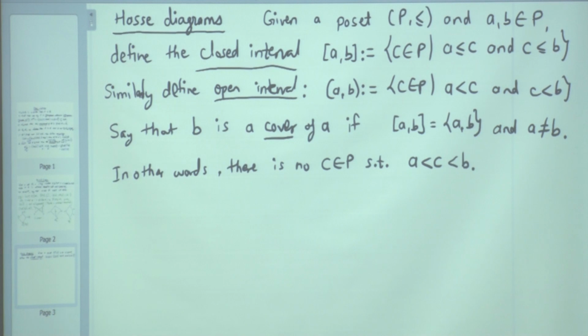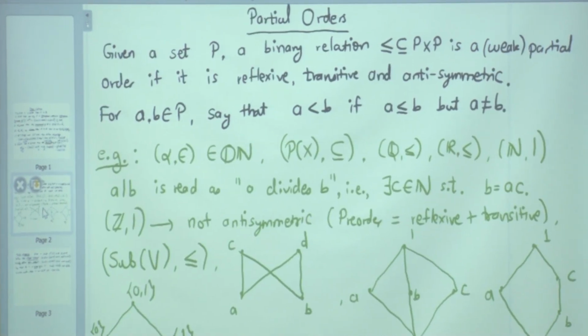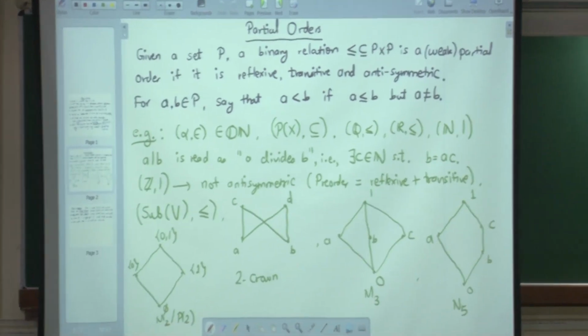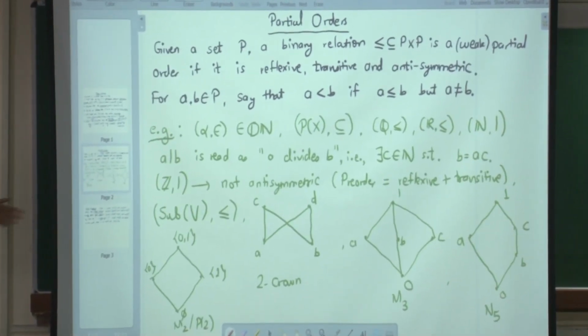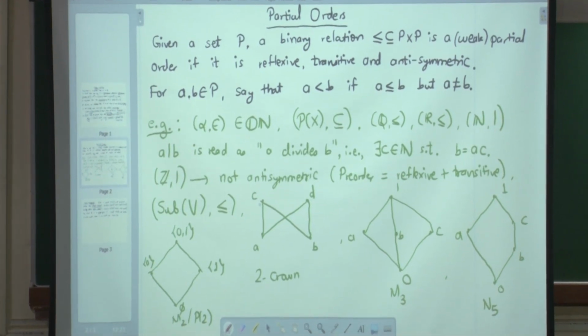If you understand this, please tell me what the covers are here. In this two crown example, C is a cover of A, C is a cover of B, D is a cover of A, D is a cover of B. So there could be multiple covers and one element can cover multiple elements. This is not necessarily unique.